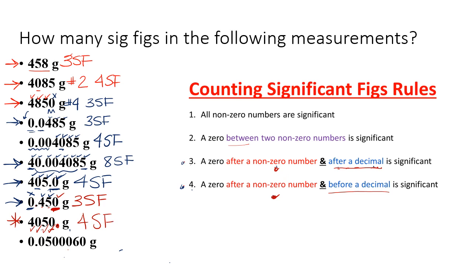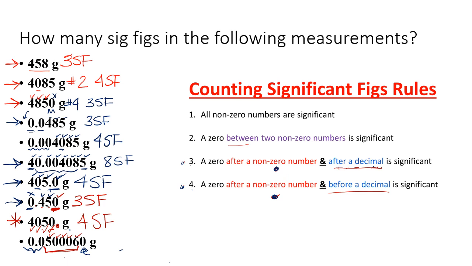Now, we've got a couple things going on with this last one. I'm going to go ahead and bunch this and say, oh look, rule 2, and get those out of the way. So those are all significant. Now we need to talk about the leading zeros and the following zeros. So these zeros in the front, let's look at rules 3 and 4. Are they after non-zero numbers?